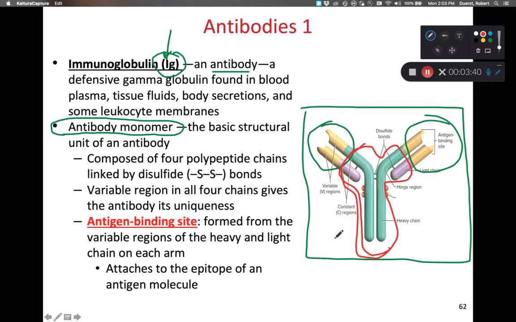So this constant region can be recognized by our body, and then the variable region recognizes the pathogen, or the antigen. That antigen binding site is on the variable region, and it's made of part of the long chain, sometimes referred to as the heavy chain, and part of the short chain, or light chain. This antigen binding site will attach to the specific epitope of a specific antigen.